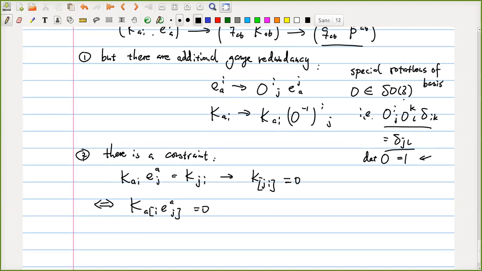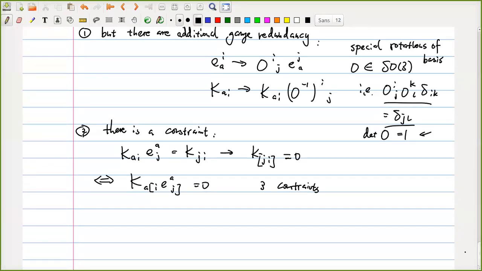So the dimension is 3. And here you can also see you have 3 constraints, because ij is antisymmetrized, and both i and j run from 1, 2, and 3. So the number of constraints indeed matches the number of gauge transformations.